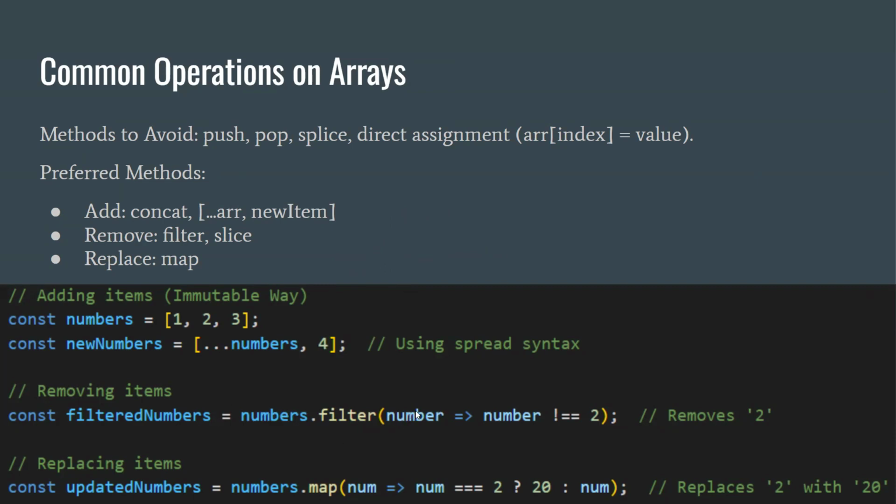And to modify items, map is really useful because it applies a function to each item and returns a new array. Using these methods ensures that we do not mutate the original state directly.